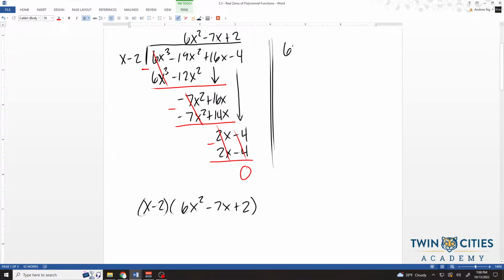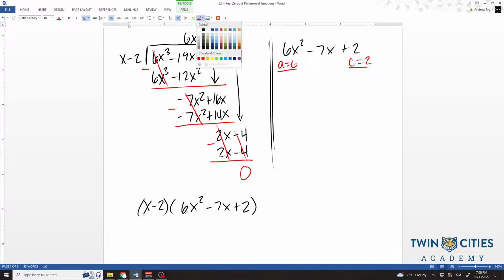Let's rewrite this: 6x squared minus 7x plus 2. Factoring this, I can say a equals 6, b equals negative 7, and c equals 2. So a equals 6 and c equals 2 is what I'm going to start with, and I'm going to find all the things that multiply to get to a equals 6. Well, that's 1 times 6 and 2 times 3.